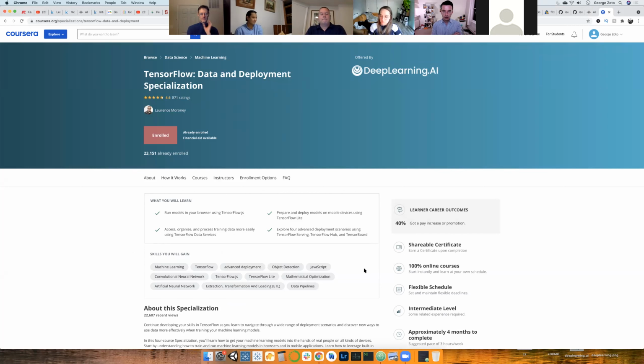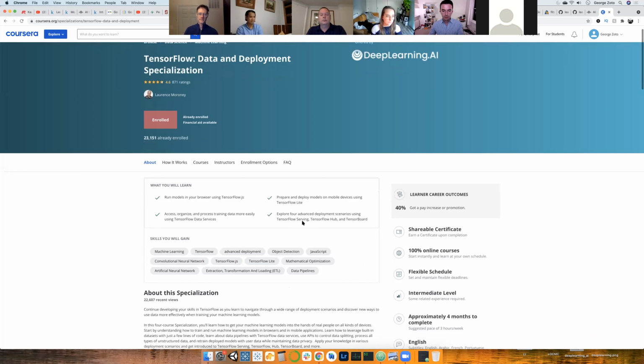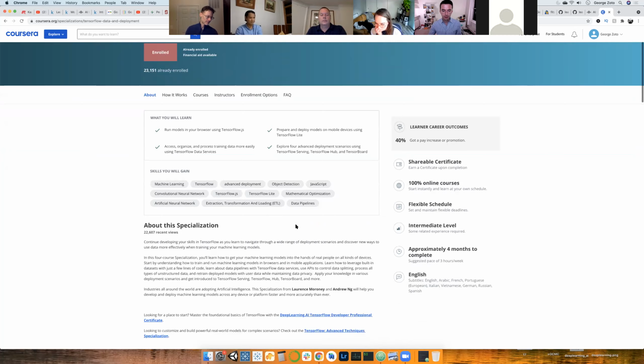It covers interesting topics like TensorFlow.js and TensorFlow Lite. It's really about deploying models on clouds, edge devices, or your browser, and even training them on different setups. It also uses TensorFlow Hub, which is a collection of models, and TensorBoard for monitoring your models as they perform and when you serve them as well.